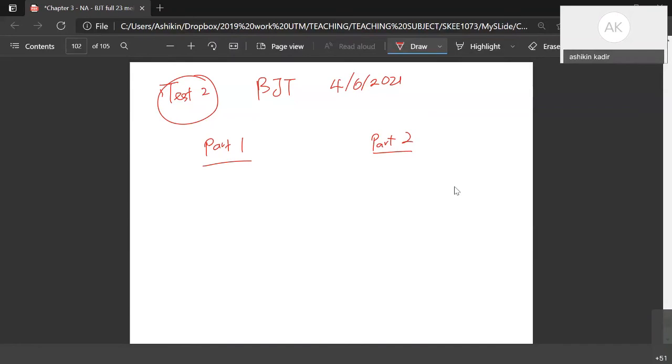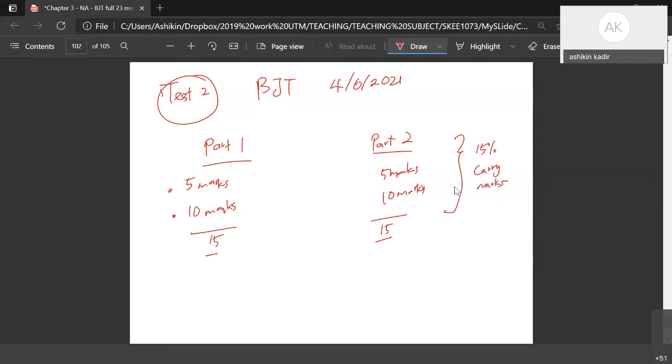Theory question will contribute 5 marks, and then calculation 10 marks. So here you get 15. Same for part 2, also 5 marks and 10 marks. This will contribute to 50% of your carry mark.